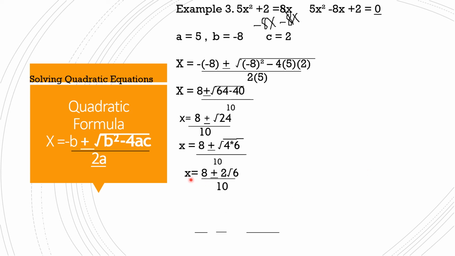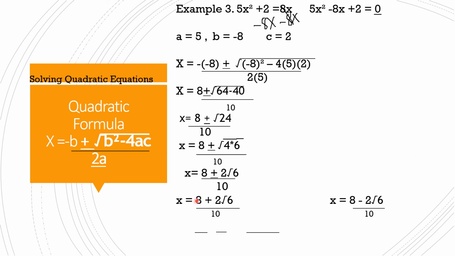Now we can separate this. We have the positive 2 times square root of 6 over 10 and the negative 8 minus 2 square root of 6 divided by 10. Now, we're going to simplify this.